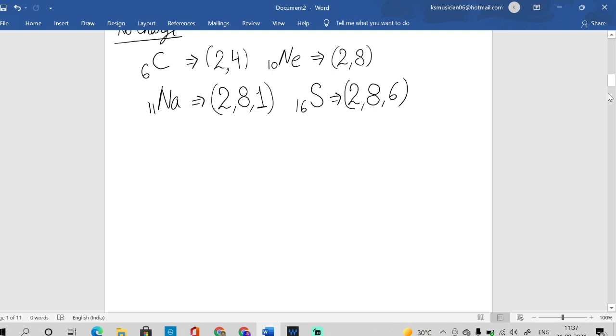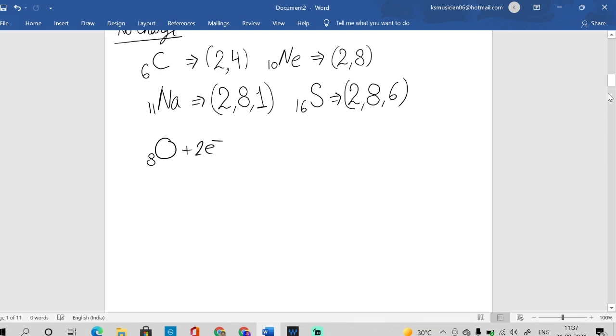If we talk about the electronic configuration of ions, you simply have to know that if it is a positive charge, it means that number of electrons has been lost by the atom, and if it is a negative charge, it means the same number of electrons are accepted by the element. Simply, if we have O, it has atomic number 8, you all know.